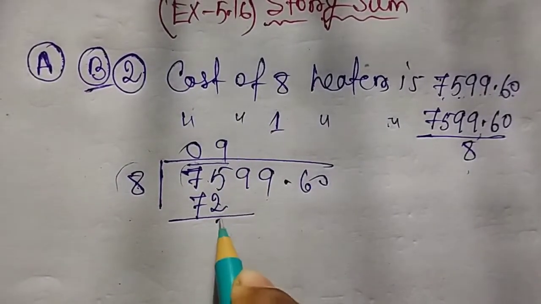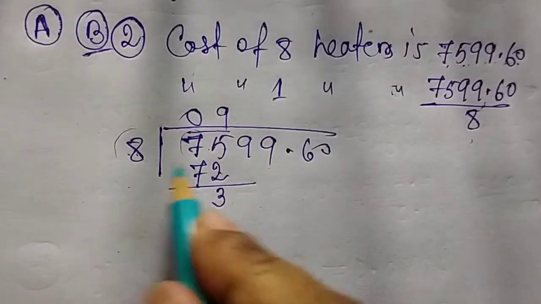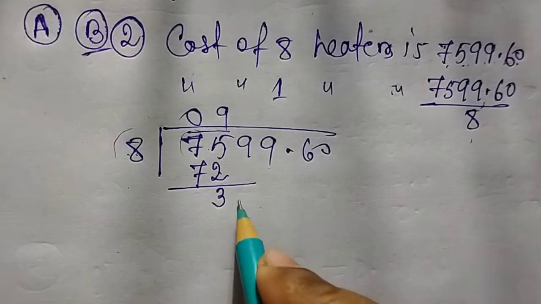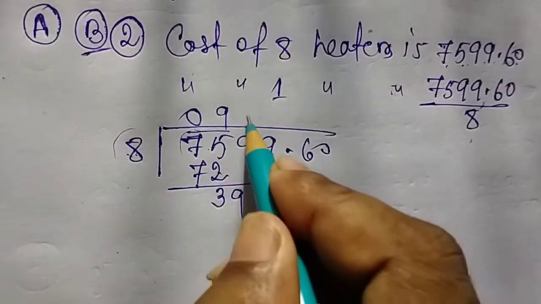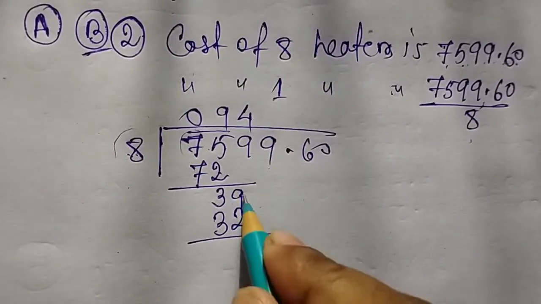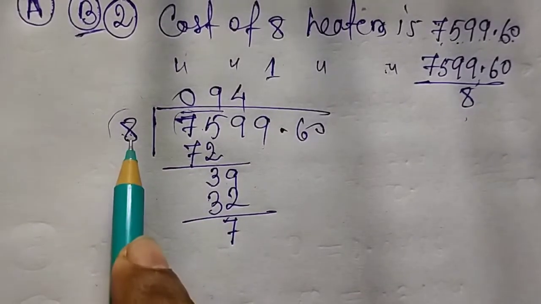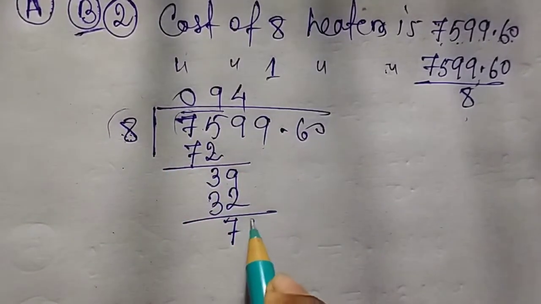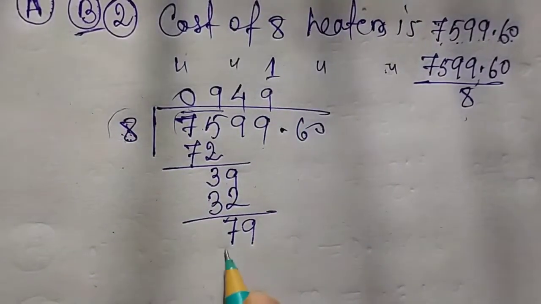Now subtract, 3. 3 is less than 8, so we have to put another digit here. Here is 9. So now 8 fours are 32. Again subtract and we get 7. 7 again is less than 8, so we have to put another digit here, 79. So 9 8s are 72.